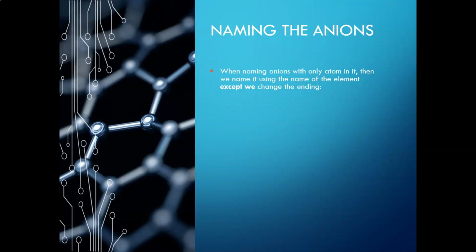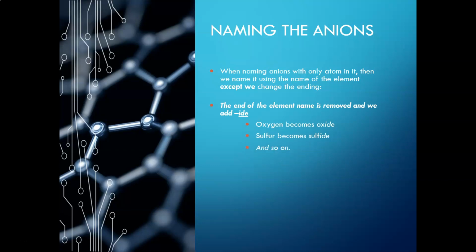When naming anions with only one atom, we name it using the name of the element, except we change the ending. So the end of the element name is removed and we add an "ide." So oxygen becomes oxide, sulfur becomes sulfide, and so on.